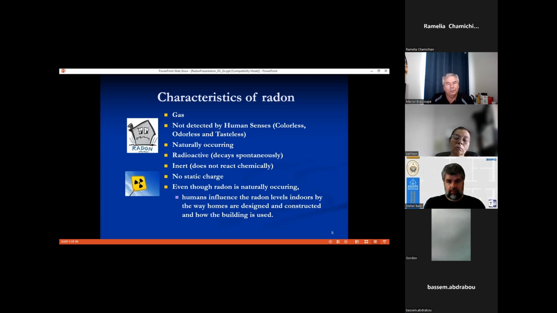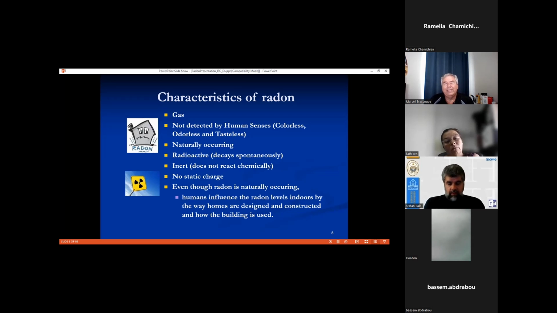It's inert. And what do we mean by that? It doesn't mix with anything. You can't put anything into the air to remove it. So it doesn't want to mix with anything, doesn't react chemically to anything. It doesn't have a static charge. Now, when something has a static charge, it's like your shirt, your pants, your dress that is full of static.